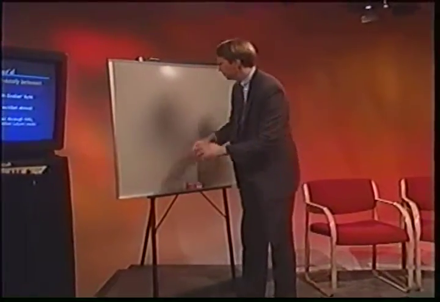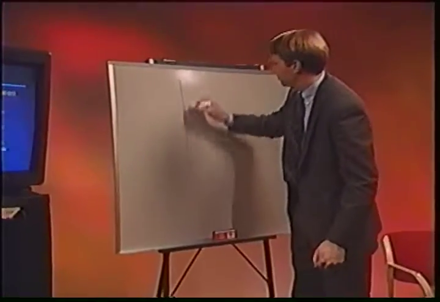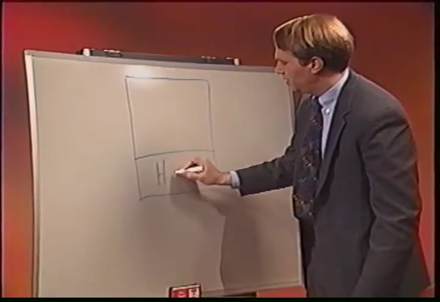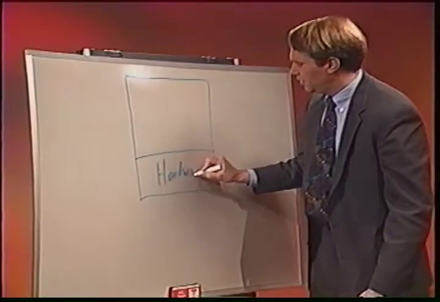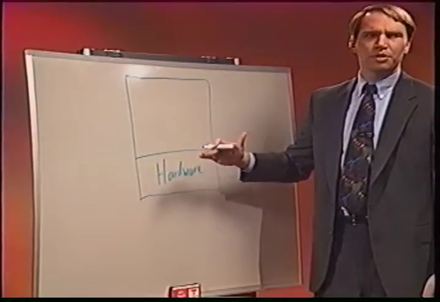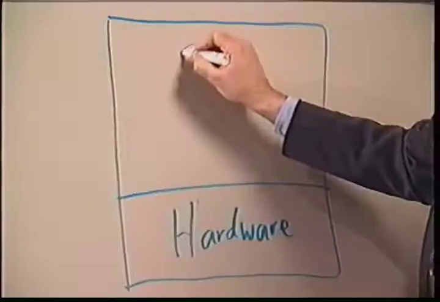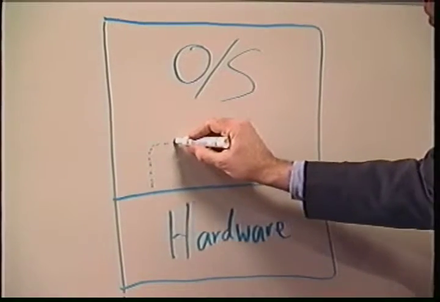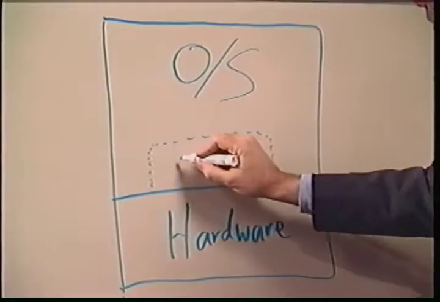Let me go to the board for a second and show you where the HAL layer would look within the general context of the hardware and the rest of the operating system. Okay, down here we have our hardware. Up here we would have the operating system, and a certain section of that operating system would be the HAL layer.